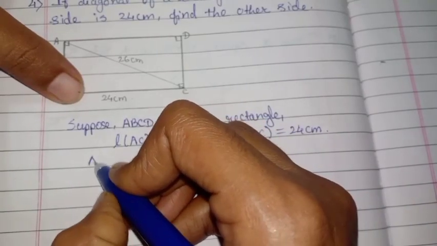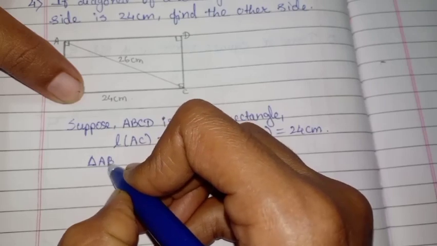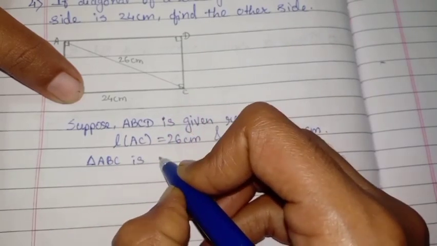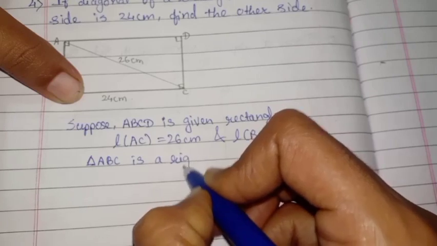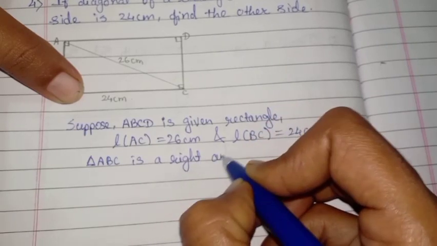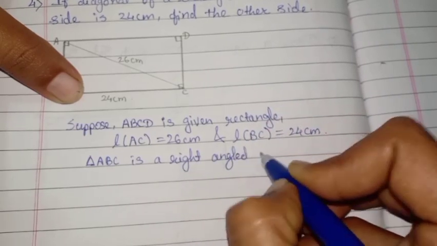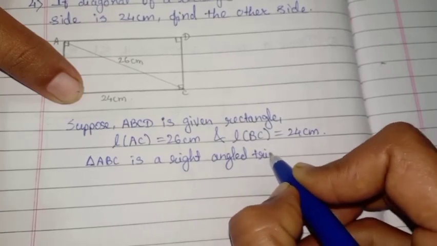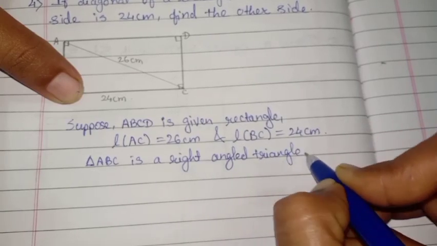Now if you look, triangle ABC is a right angle triangle. It is a right angle triangle, right? So we can use the Pythagoras theorem here, is it?